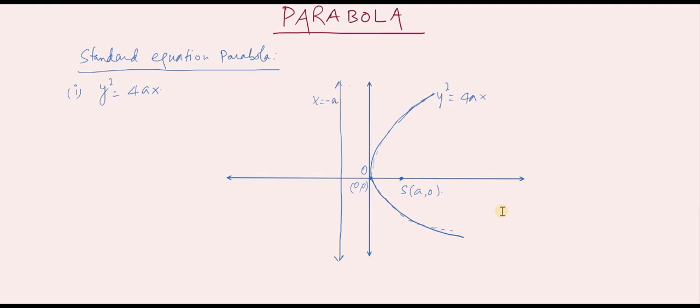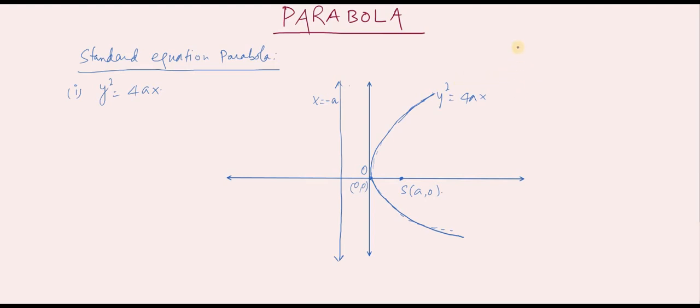There are four standard forms of parabola, and the first one is y square is equal to 4ax, in which the axis is along the x-axis, and its directrix is the line x is equal to minus a. You can see here the focus of the parabola is (a, 0), and the vertex is the origin. Now let us discuss some important terms associated with the parabola y square is equal to 4ax.